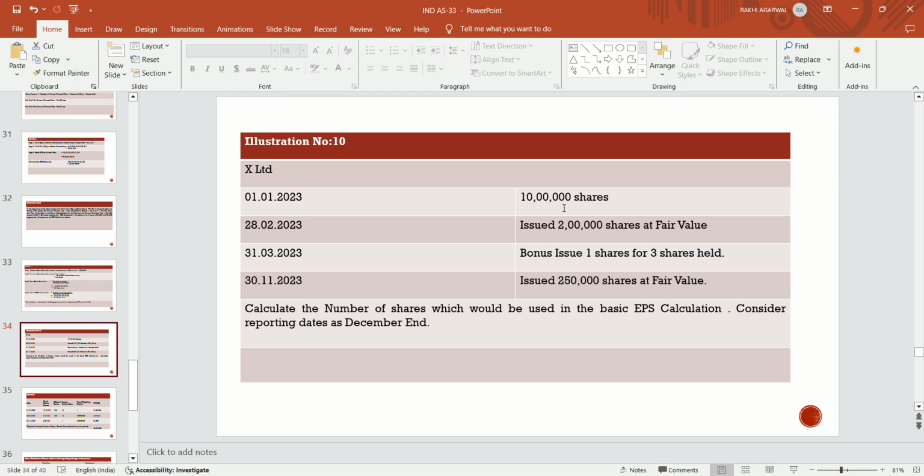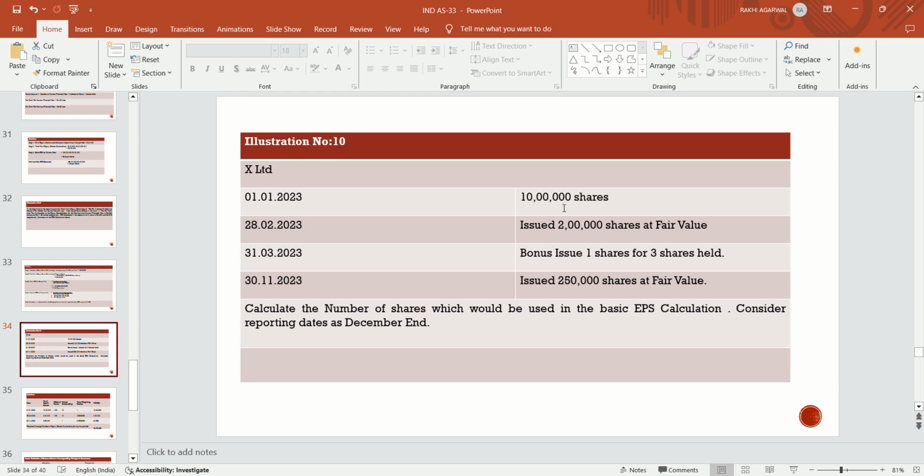So in this case, the opening shares exist on 1st January, and on 28th February the fresh issue of 2 lakhs was done. The bonus effect is given to the opening number of shares and to the shares which were issued before declaring the bonus, prior to the bonus.